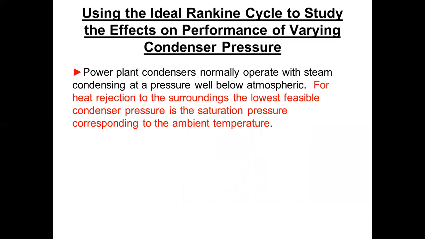So the heat rejection to the surroundings, the lowest feasible condenser pressure is the saturation pressure corresponding to the ambient temperature. And really, you can't get it down quite that low because you have to have a finite temperature difference to operate your condenser, which is just a heat exchanger.